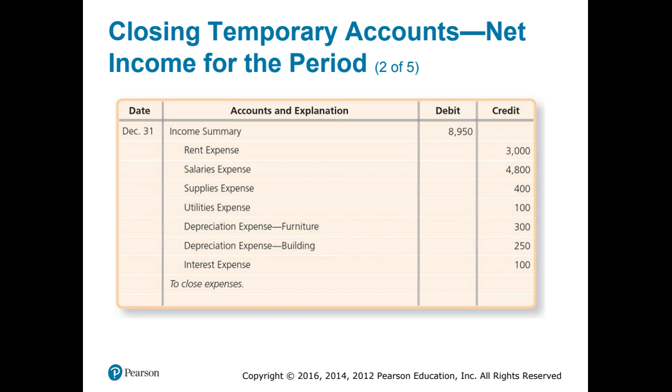We're closing everything out. We're closing our books. So this is a temporary account, which means it has to equal 0 at the end of the year, because tomorrow on the 1st, it's going to start all over. So to close out rent expense, what are we going to do?